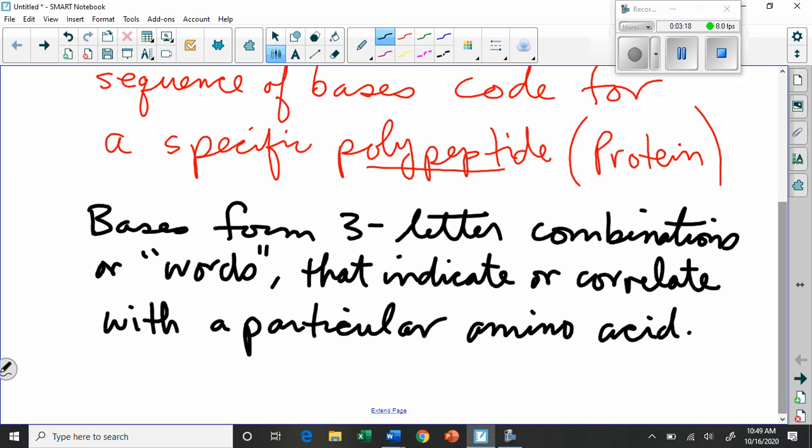So 3 letters of the DNA code, 3 nitrogenous bases in a row, stand for a particular amino acid. And we're going to see how that works when we get into the process.